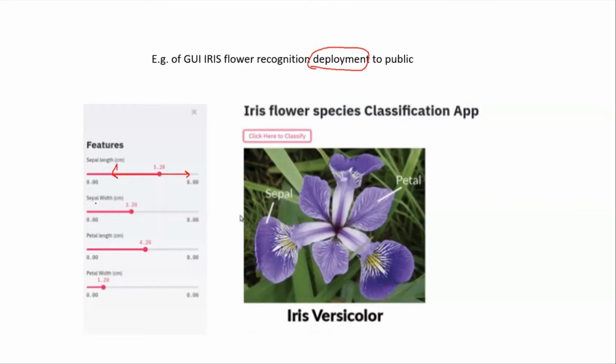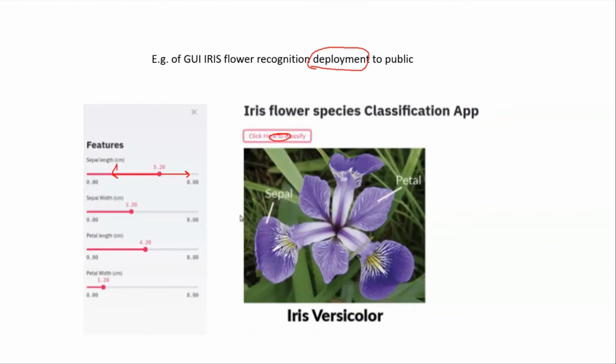Then you put the sepal width, then the petal length and petal width. When you enter these, then you press here, and it will come out what kind of flower it is. You can put a picture there. So you can predict there. So this is the deployment.